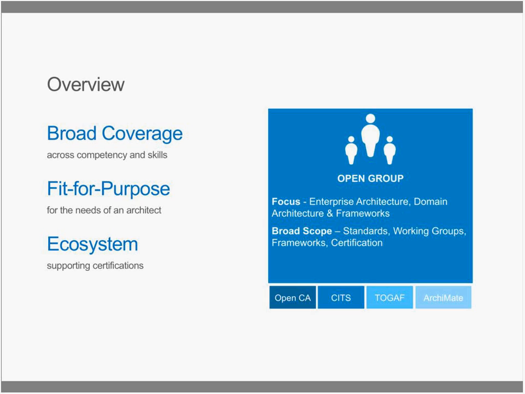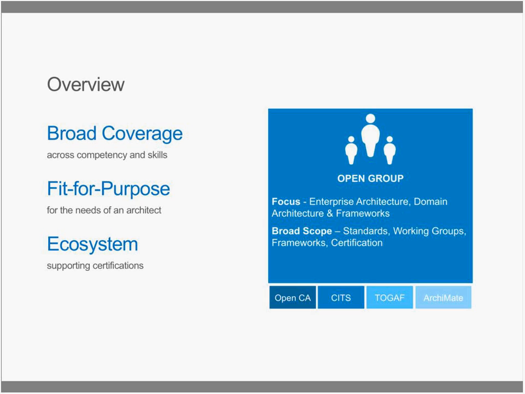With the developments with the British Computer Society and SFIA, which is a skills framework, similar to here in the U.S., where the U.S. Department of Labor has standardized on a set of skills, and the British government has as well, you're seeing the Open Group starting to really diversify, not only into competencies and skills, but also the competency-based frameworks and skills frameworks out in the industry and academia, and providing validation of those programs.